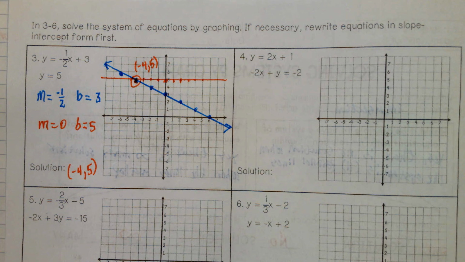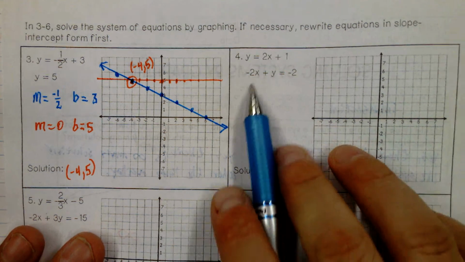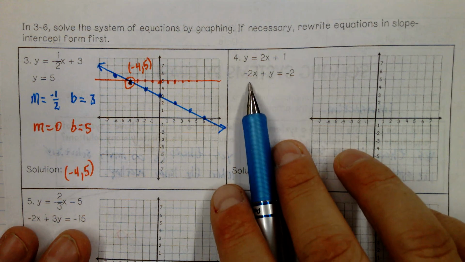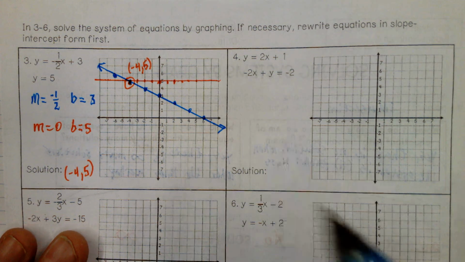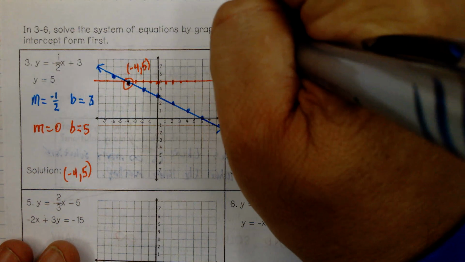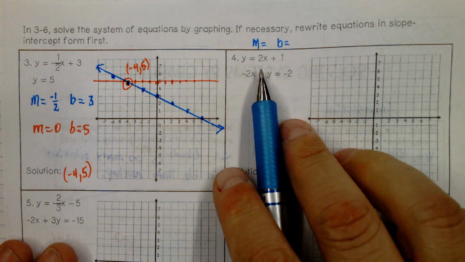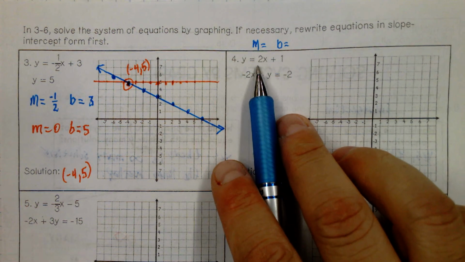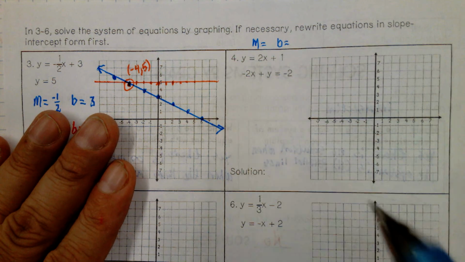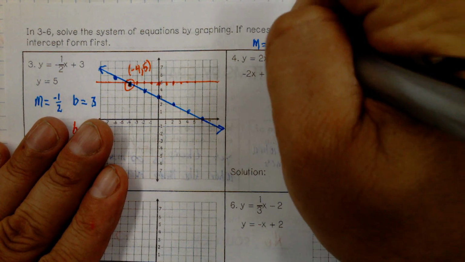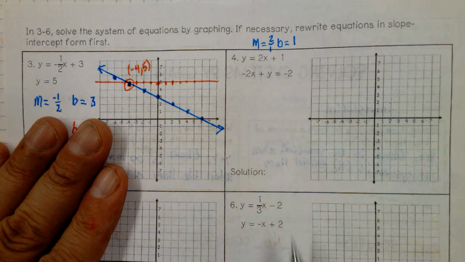So the thing with this one, I see that I'm going to have to rewrite this a little bit like we did in that example we just did. So I'm going to write the m and the b for this one up here. If my slope number is 2, how do I write it with rise over run? 2 over 1. And over here, just positive 1.